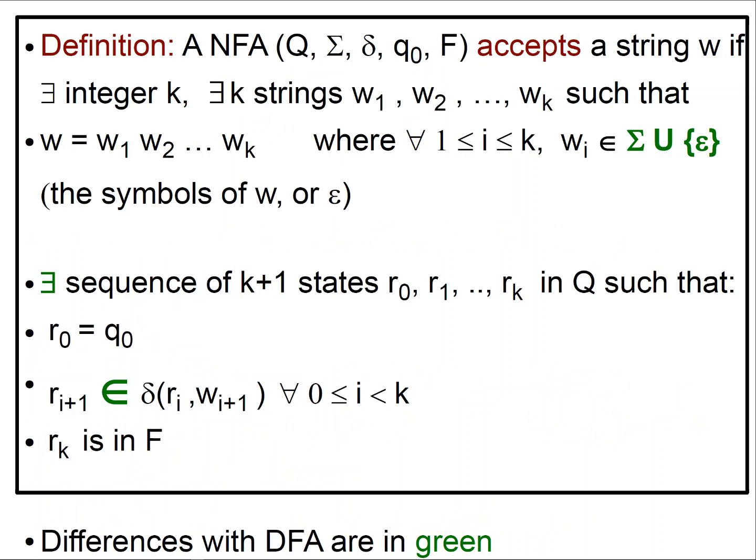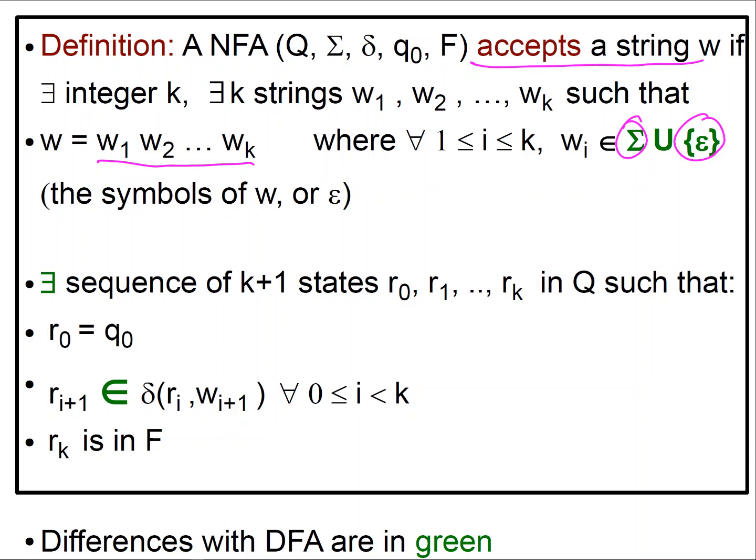So how does this NFA compute? We're going to give a formal definition of when the NFA accepts a string W. Now we see some use in writing down the symbols, the Wi's. The NFA accepts a string W if you can write W as W1, W2, up to Wk, where each Wi is now either a symbol or epsilon, the empty string.